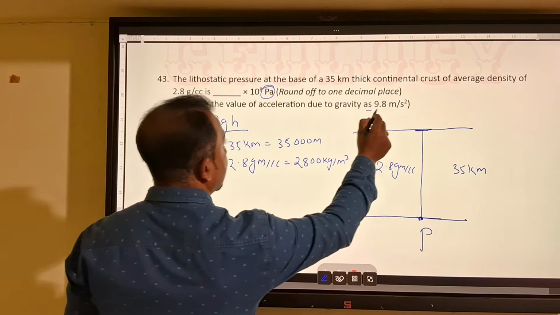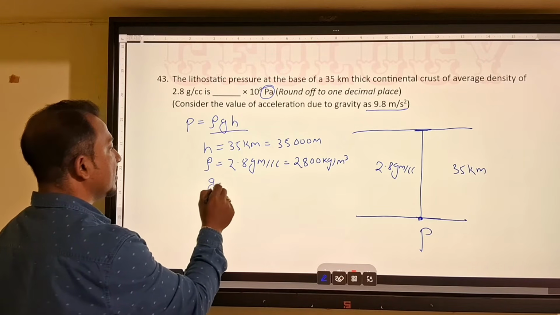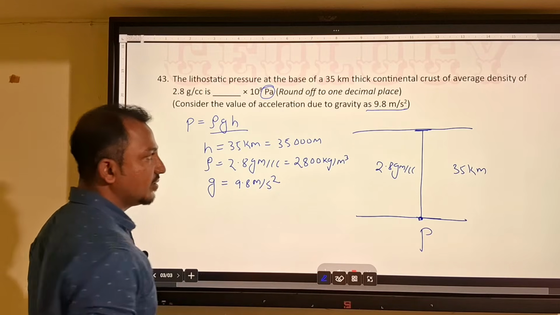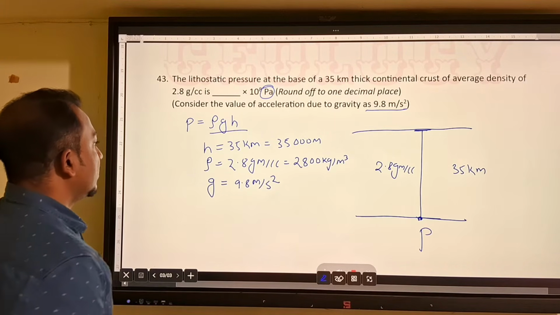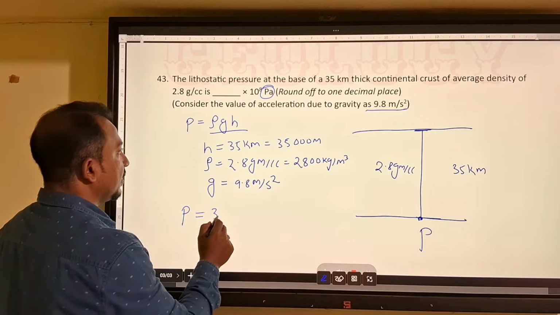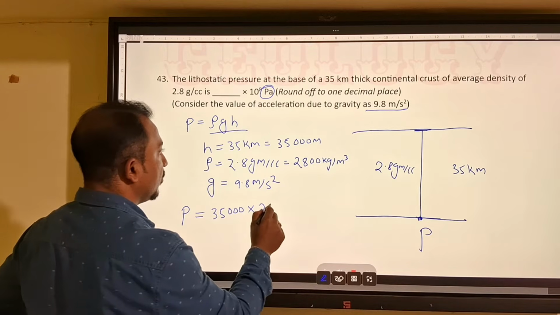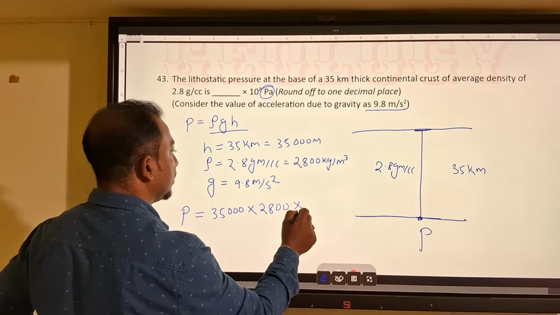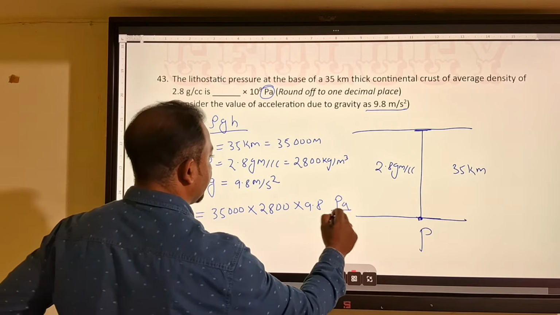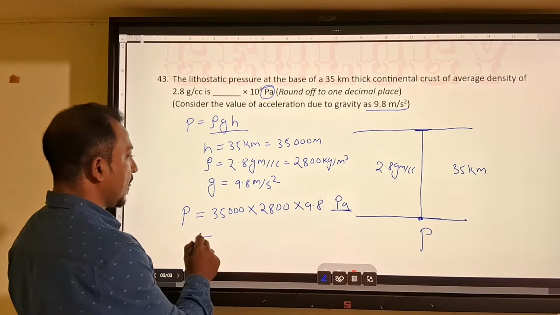Then g we take as 9.8 meter per second square. It is already in SI unit, so we don't have to convert it. Then we'll put in the formula: 35,000 into 2800 into 9.8. The answer will be in Pascal, the unit of pressure.